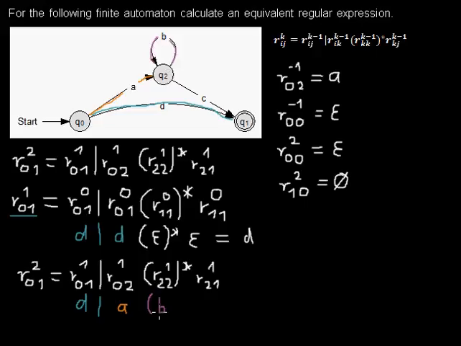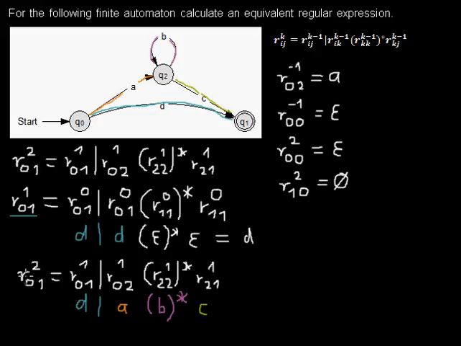And again, there's no other way than the direct way. It just means that I'm not allowed to go through any other state. And then from Q2 to Q1, this is a C.